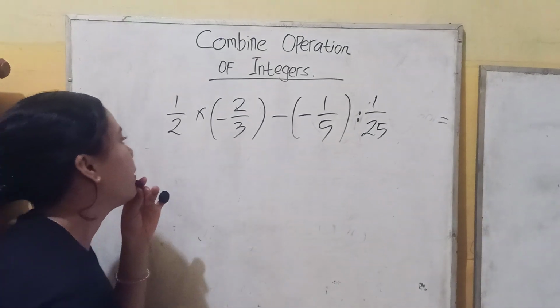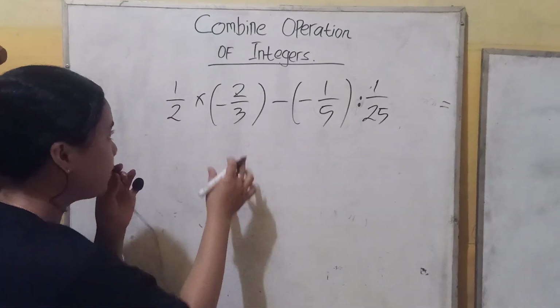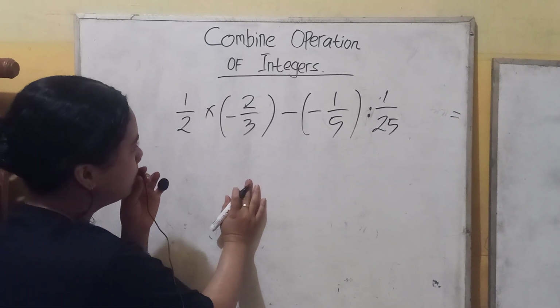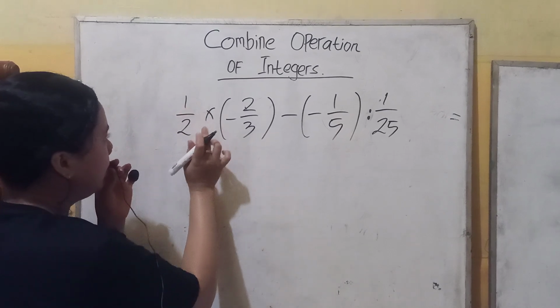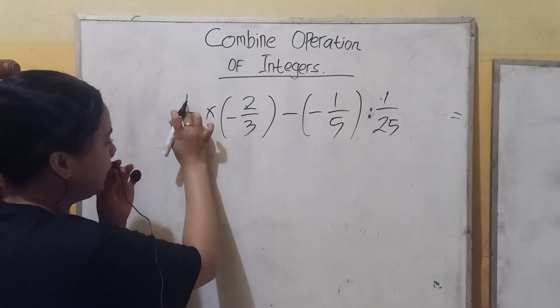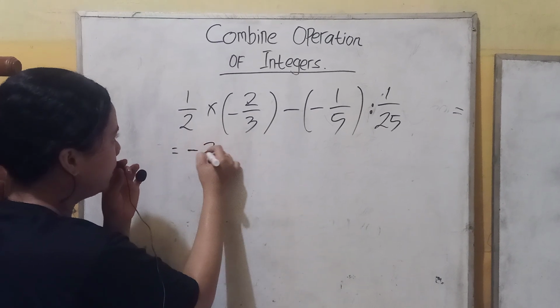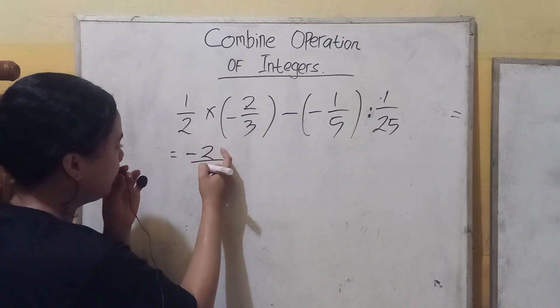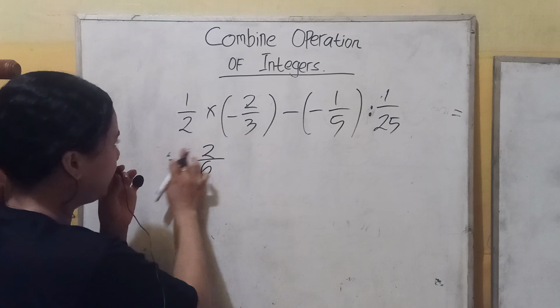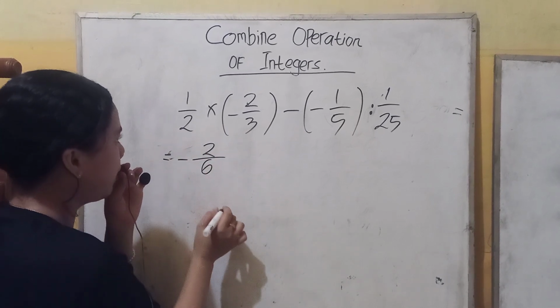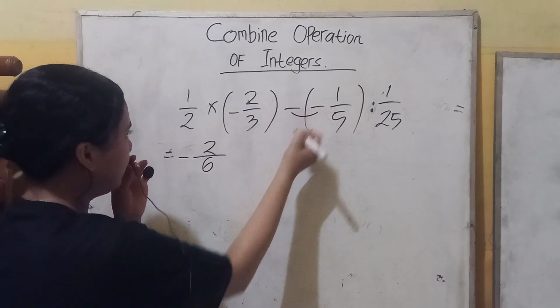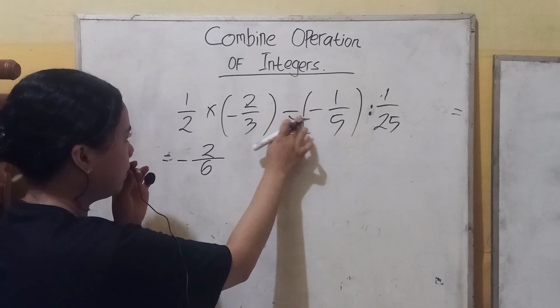Okay, so here we solve the times first. So if it is multiplication, you times it straight, so 1 times -2 is -2. Then 2 times 3 is 6, right? So -2 out of 6.